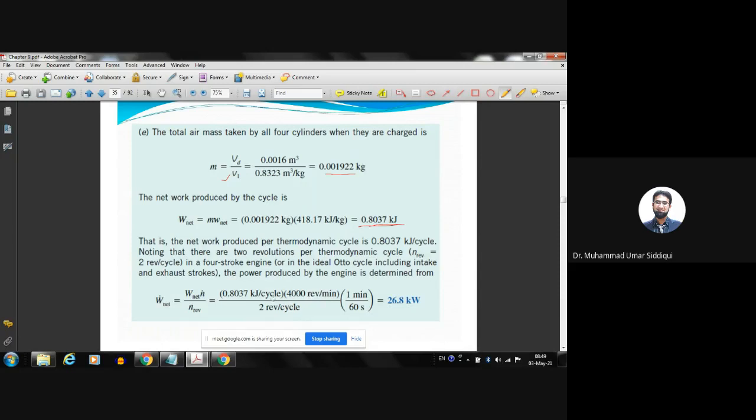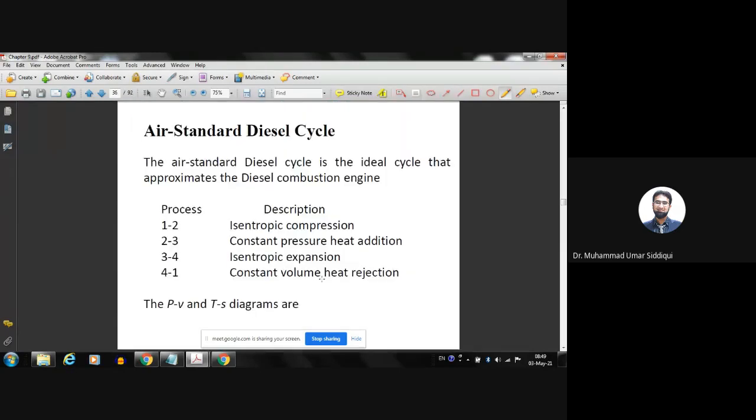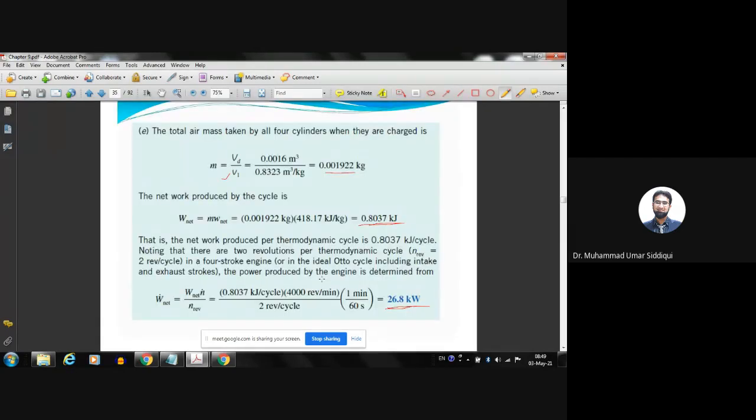But we have to understand one thing: this is an Otto cycle, and after every 2 revolutions, 1 cycle is completed. So we have to divide by 2, and this is per minute. If we divide by 60, we get the value in kilowatts. So that will be 26.8 kilowatt. And with this, the solution of this problem is finished.